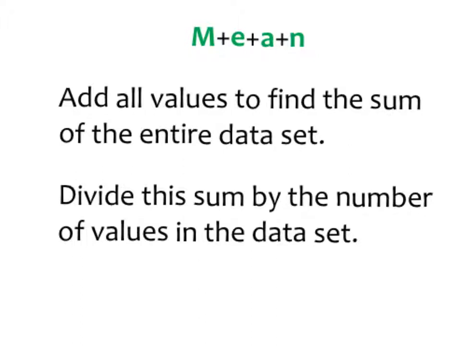And then I divide this sum by the number of values in the data set. I've set up the word mean here as a reminder for what you need to do with all of the data. Each of the individual pieces of data need to be added to each other and then divided by the number of values in the data set.